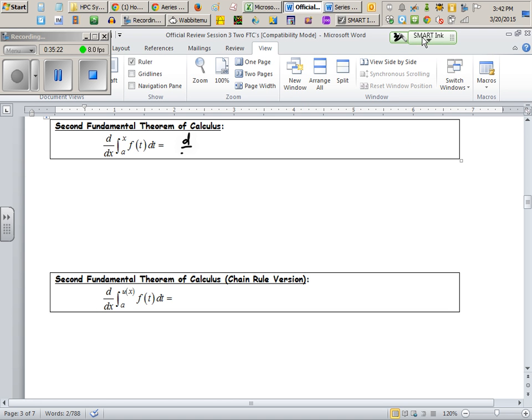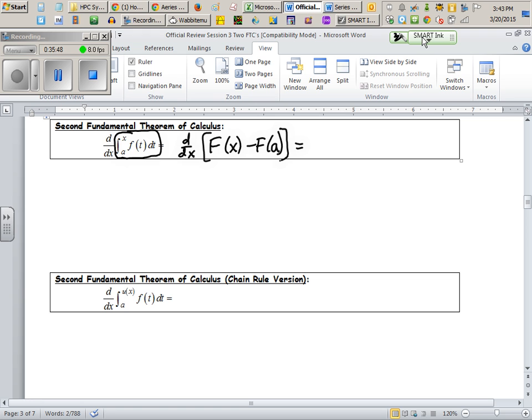Isn't it true that integrating gives us the change in the antiderivative? True statement, right? Integrating lowercase f gives you capital F. You plug in the two limits of integration, x and a, and subtract. Nothing new there, right? Capital F's the antiderivative.